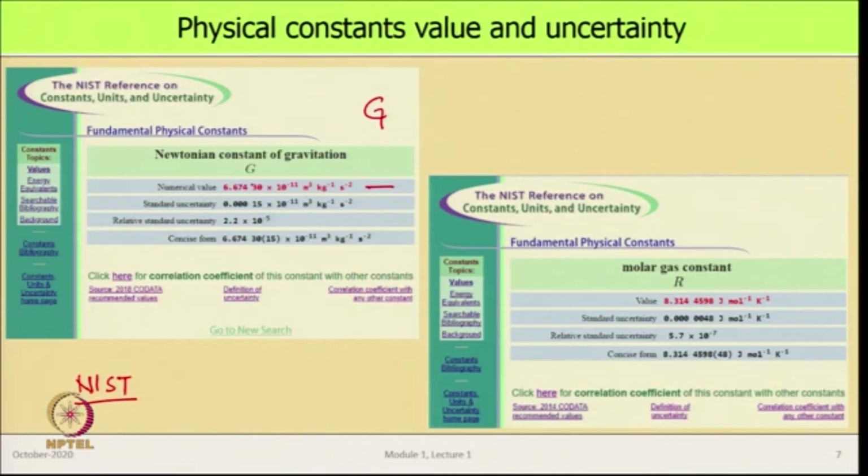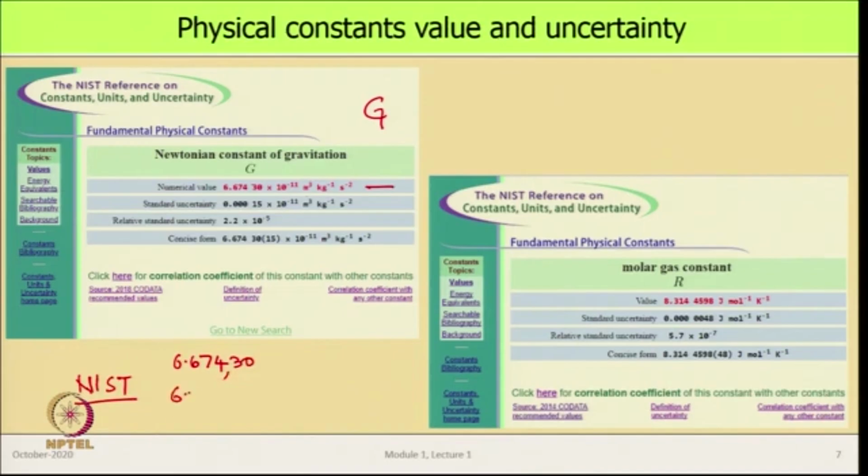Note that this gap which is given between these two things is something that the world body of scientists has decided is the standard way of expressing numbers. So, if we had to express this number, some of us would say it is 6.67430 and we may put a comma.